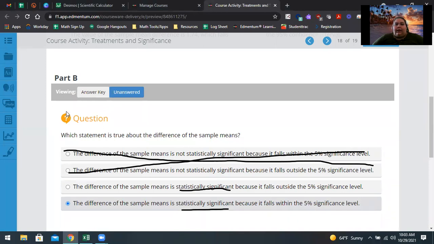I know we're using a lot of the same words again, and it can be a little bit confusing because in the previous part we said that it falls outside of the confidence interval, but because it's outside, it means that it is statistically significant. In other words, from the previous task when we were doing the research about the fertilizer and wearing the watch, because it's statistically significant, it falls within the 5% or it's less than that 5% significance level.